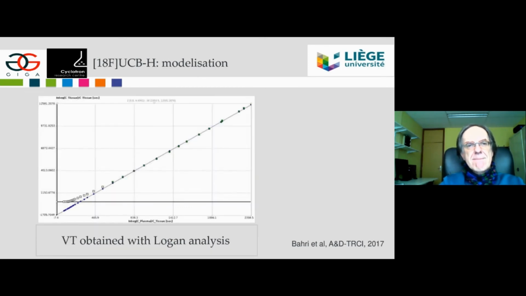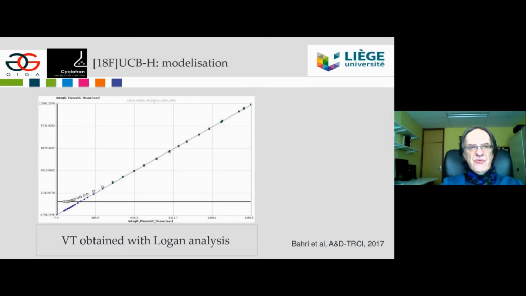Then it's possible to obtain different kinds of models. This is one kind of model. I'm not going through the details of it, but having your brain activity and your plasma activity corrected for the free fraction, it's possible to obtain a total volume of distribution, which will include both your free and your specific compartment.